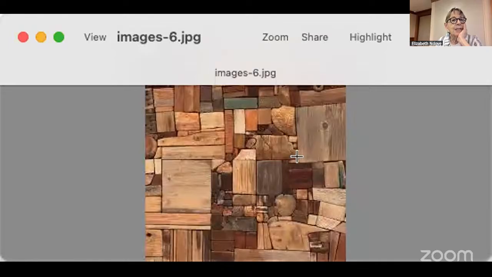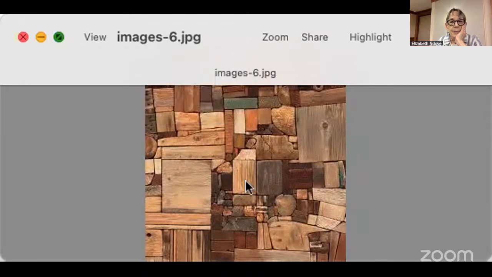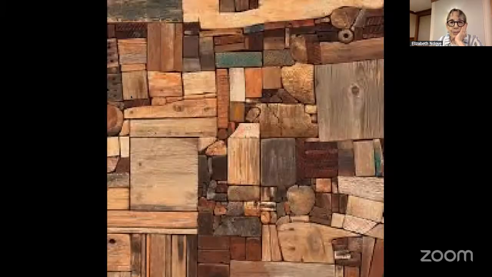So this is a wooden composition that I'm going to share. This one was not in the slideshow. Oh yes, it was.